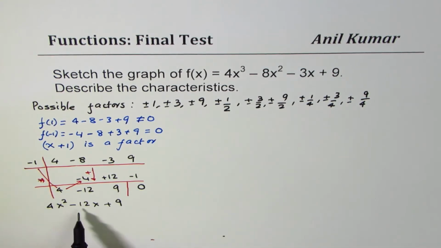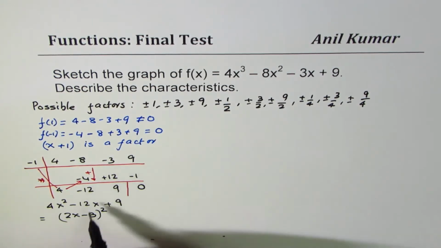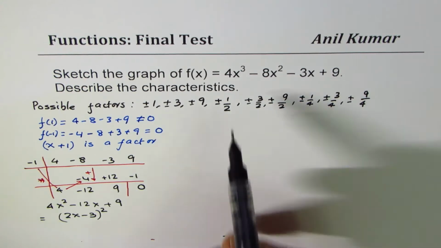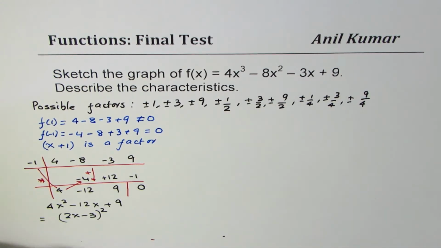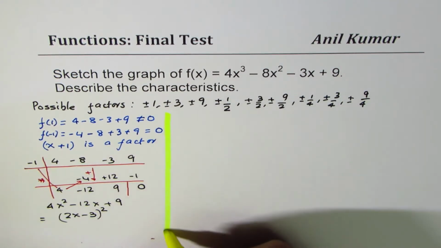Now 4x squared minus 12x plus 9 can be factored. It is actually a perfect square, 2x minus 3 whole square, right? So we have factored the given function completely. So now let's begin with the factored form of our function.